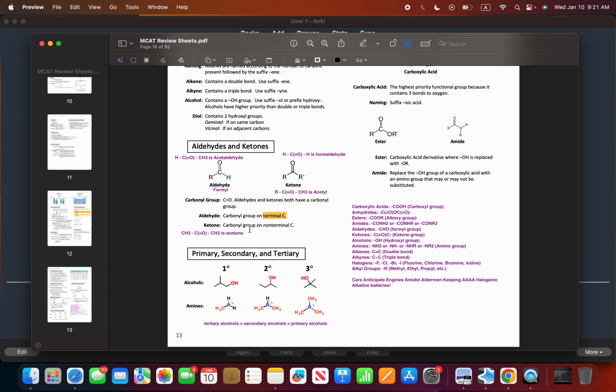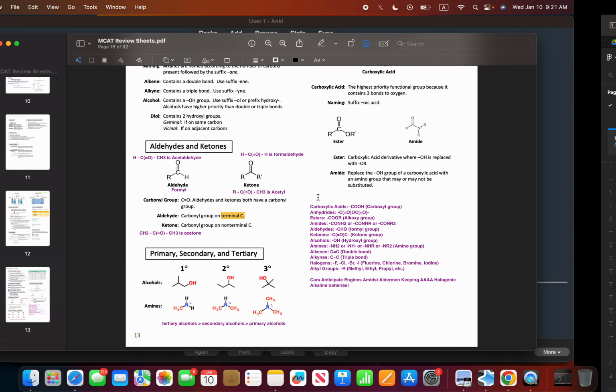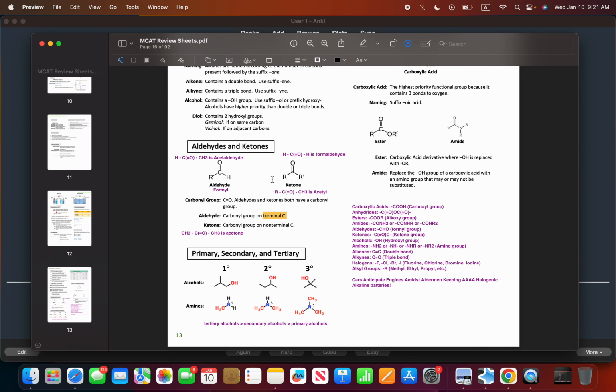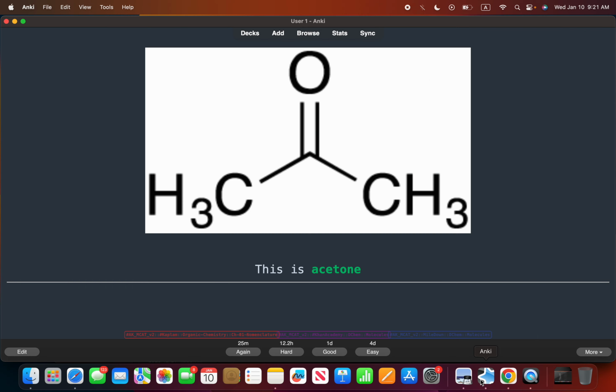Doesn't make sense. If acetone has 3 carbons and these have 2 carbons, and then these are called acetaldehyde, there should be another carbon here. And then if it's like this is acetyl. Yeah, the acetaldehyde is the exception.